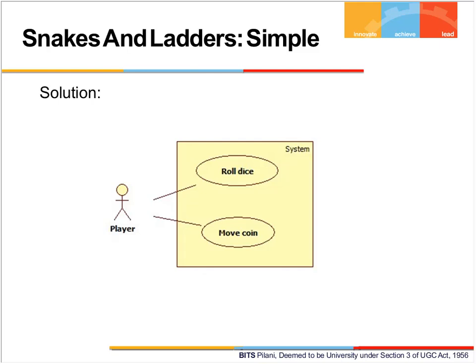Please don't be bothered as to who will win, how the board will be placed, or how you roll the dice. This is not what you are expected to capture in a use case diagram. Please be clear as to the requirements or the concepts that have to be captured in a particular diagram.